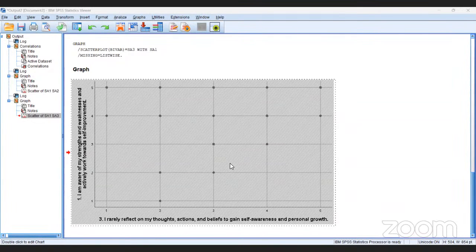And now you have noted that this is the best fit line. That means there is no correlation between the two.